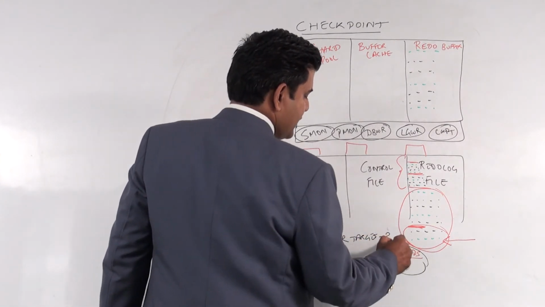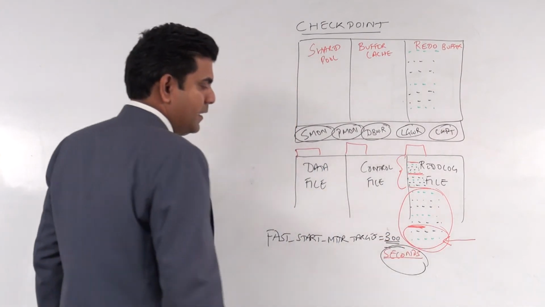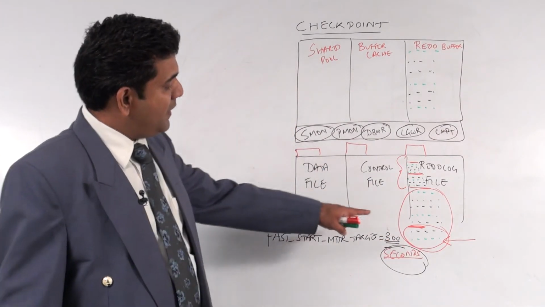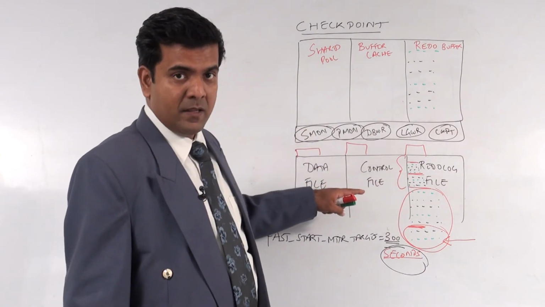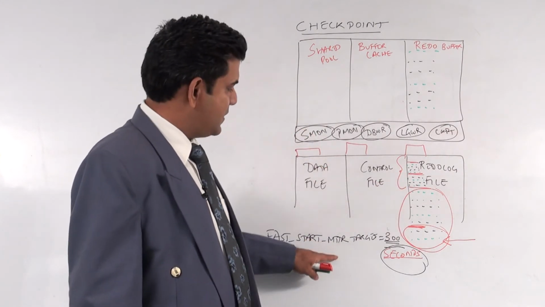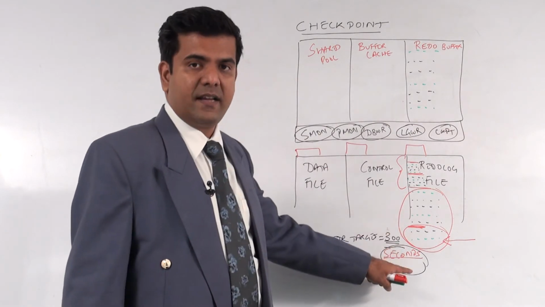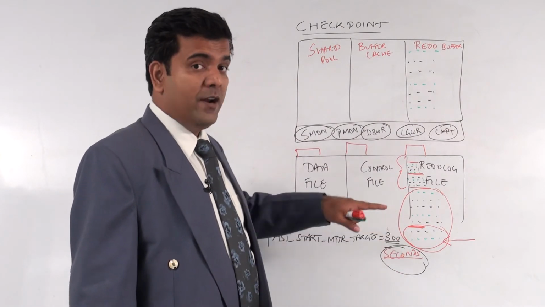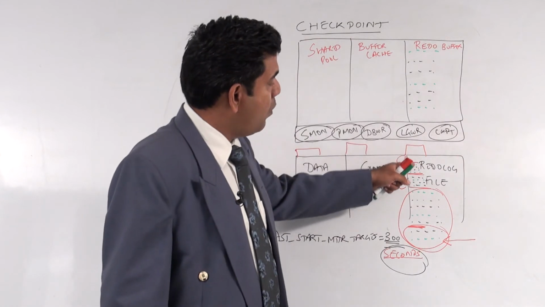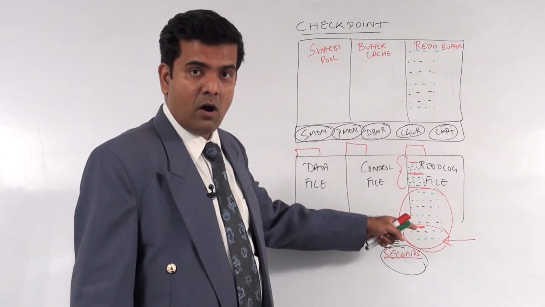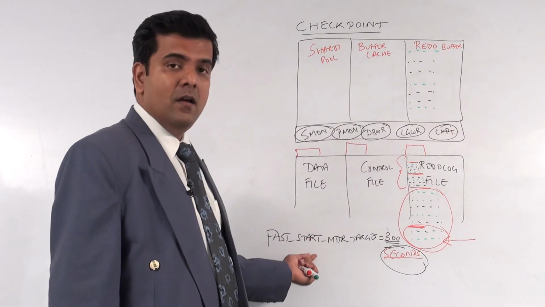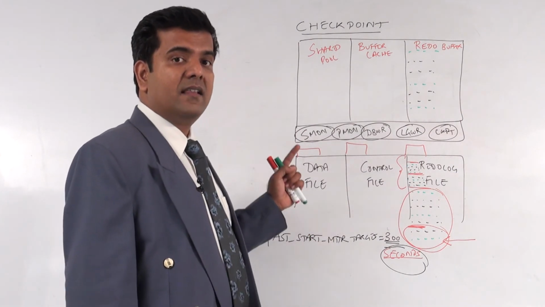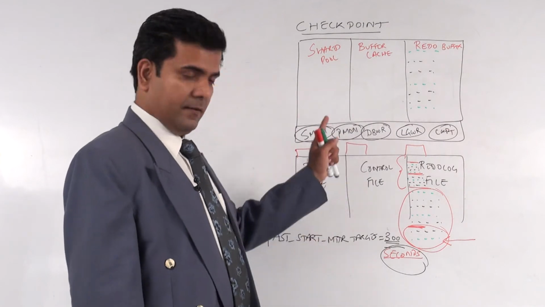For example, if you say 300, then the checkpointing frequency is automatically regulated by the instance to ensure that the instance can come up for sure in 300 seconds. So we do not specify how often in terms of time or how often in terms of amount of transactions. We specify directly what is the time that the instance can take to recover.